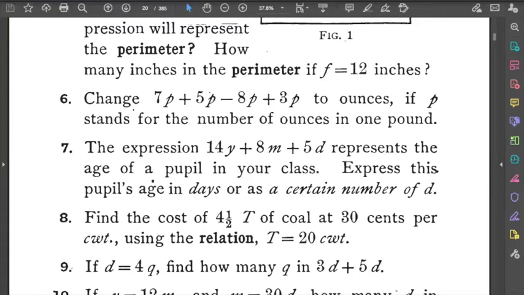So you are to convert all these to days and then add them. You have to convert 14 years into days and 8 months into days and then add all of them to 5 days and get the number of days for me. I hope you're okay with the explanation. Try it for me and let me see.